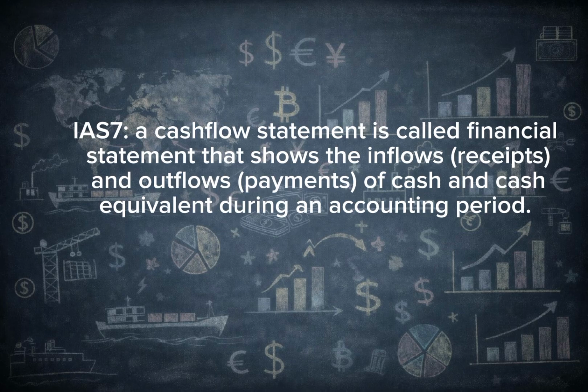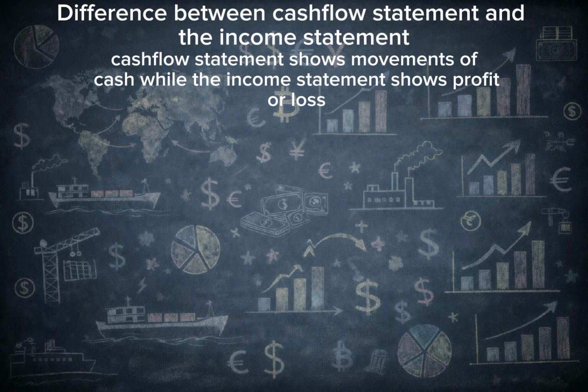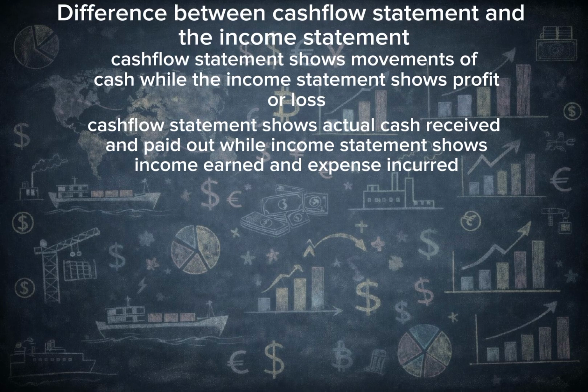So we can easily see the difference between our cash flow statement and our income statement, as the cash flow statement shows the movement of cash during the period, while the income statement shows the profit and loss during that accounting period. Like we said, the cash flow statement shows actual cash received and actual cash paid out, while the income statement records income earned and expenses incurred, irrespective of whether cash was received or paid out.